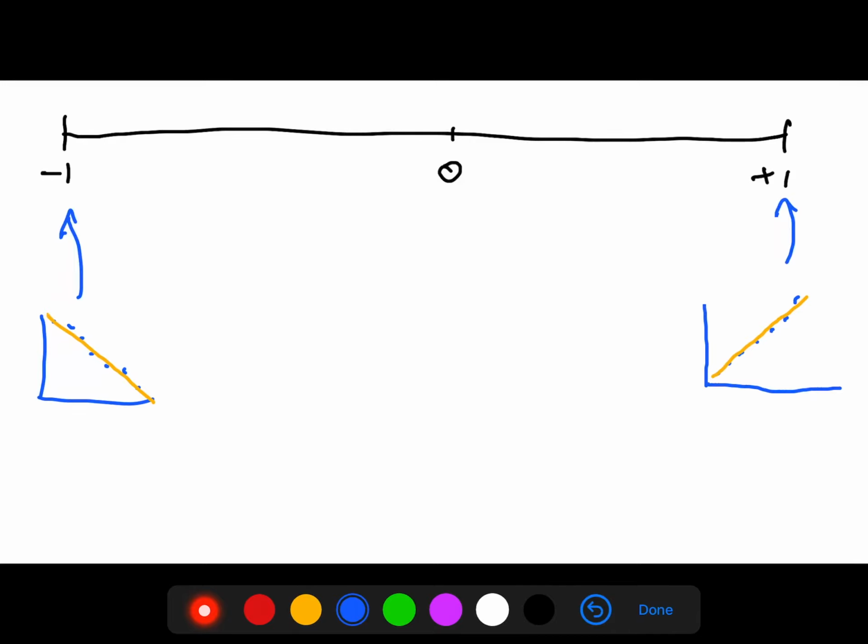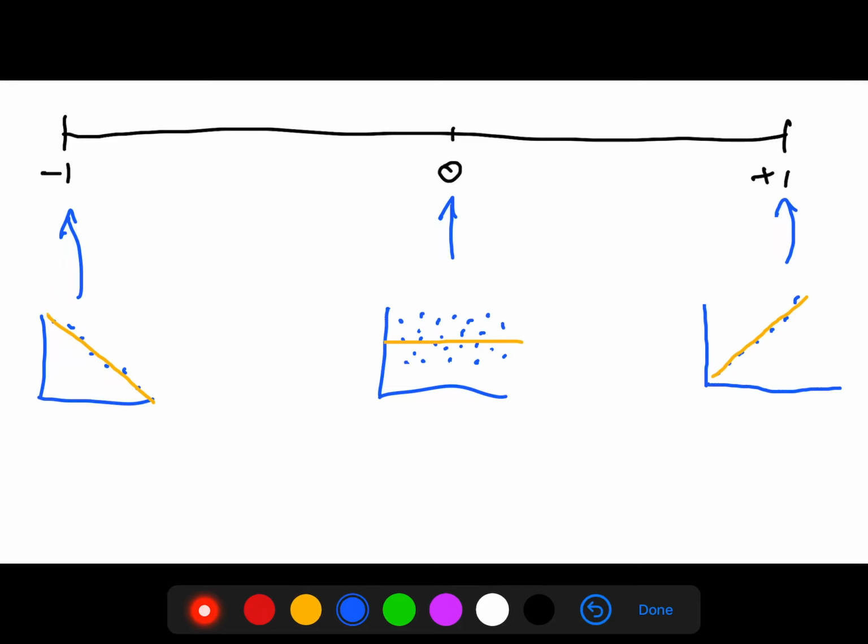Now, when we get things in the middle, then all of a sudden you have graphs where the dots don't have much of a pattern at all. So it might be something like that, where the dots are just kind of somewhat randomly placed in there. And if you were to put a line, the best thing they could do is just make some sort of vertical line that splits them in half. But there's really no trend, no pattern, no relationship between these things.